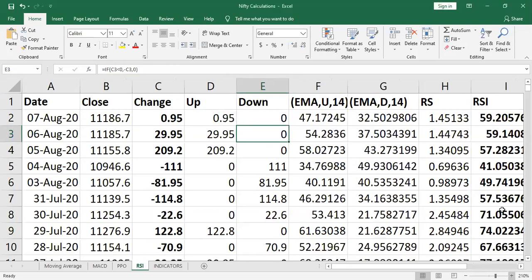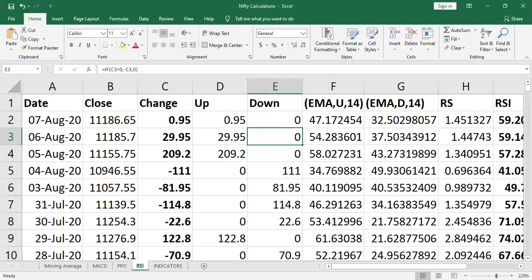Okay, so I zoomed in so that anyone can see the actual activities and formula.